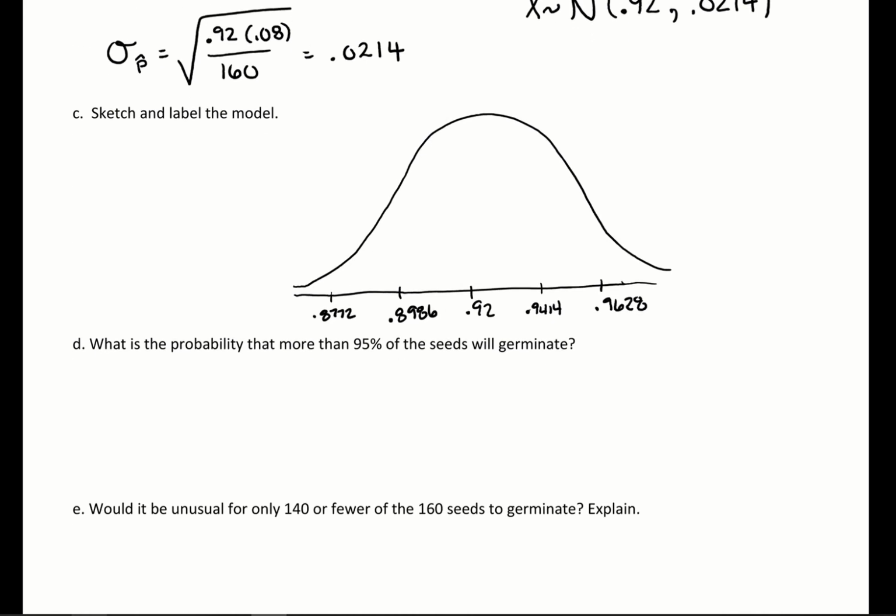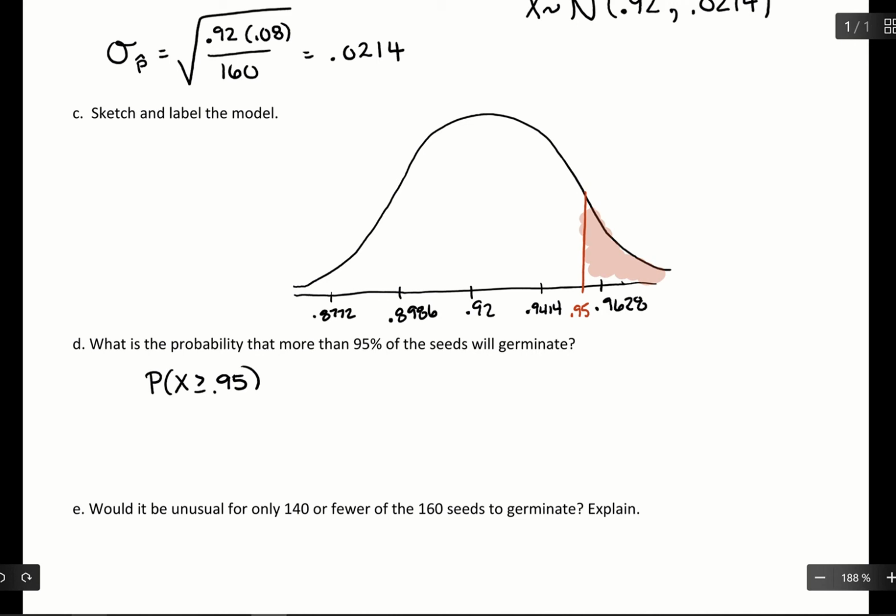So what is the probability that more than 95% of the seeds will germinate? We want the probability of being more than or equal to 0.95. So it's like we want to go to 0.95 here and find the area to the right.